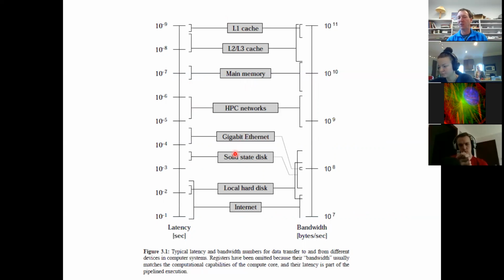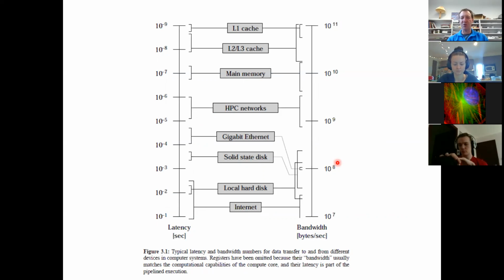Data may come directly from solid-state disks or local hard disks, or if you do very, very large data operations, it might even come from the slow internet from across the continent. And of course, the further out you go in this memory hierarchy, the higher the latency, the longer you have to wait until you get data in, and typically the lower the bandwidth is.